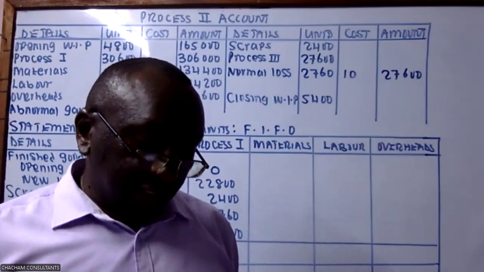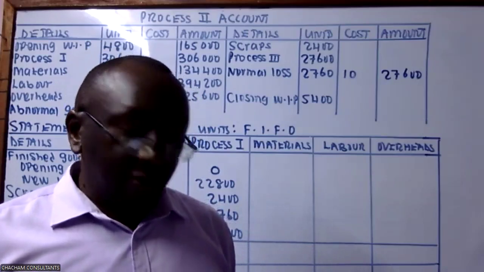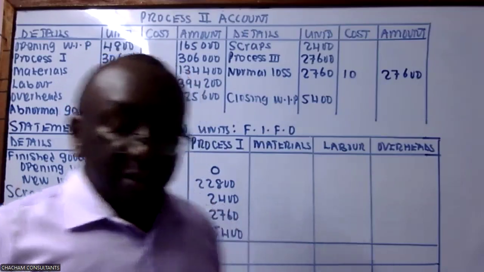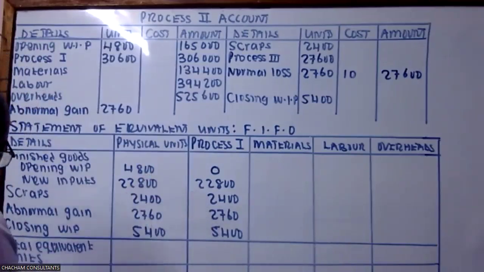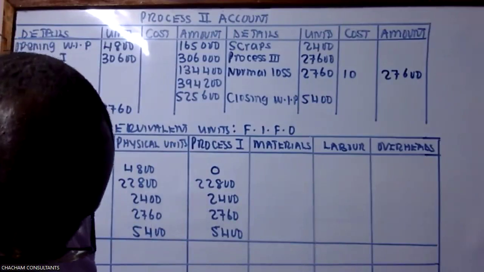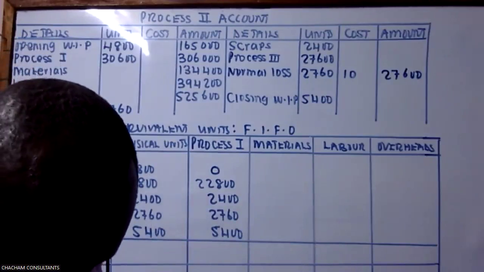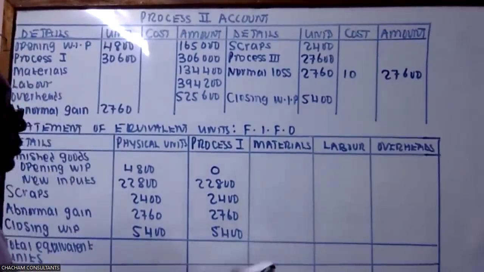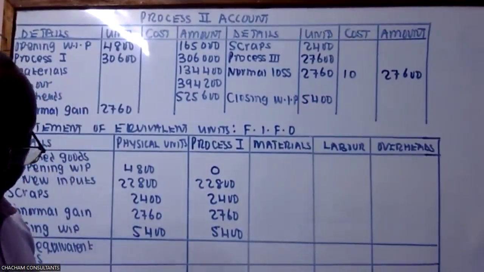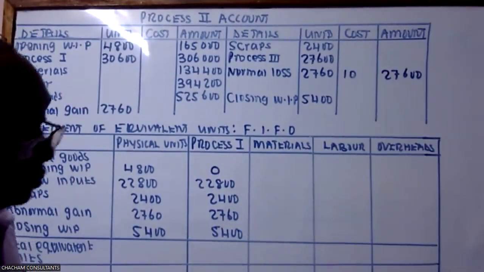As far as materials are concerned, we will now work with the balance, 30%. So 0.3 times 4,800. Inakupea ngapi? 1440.